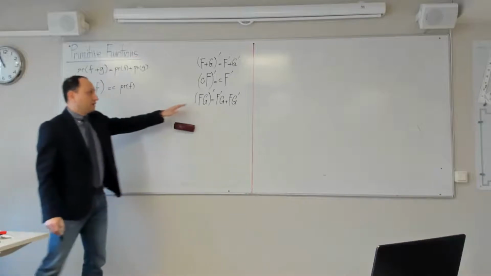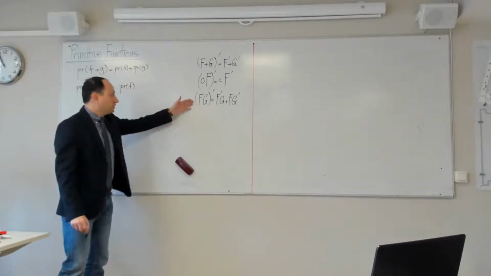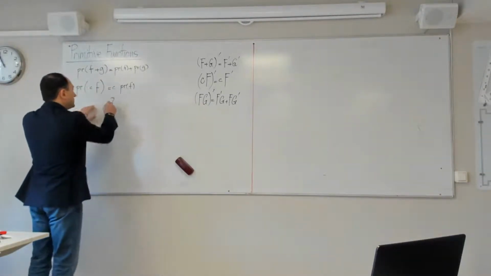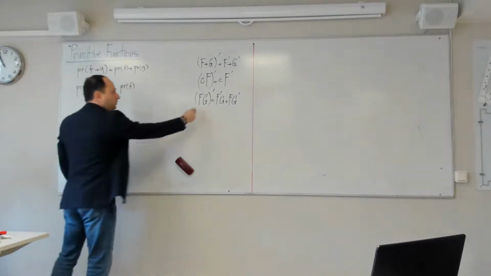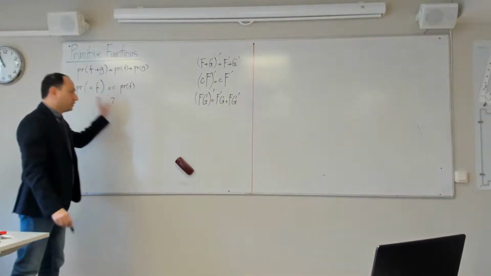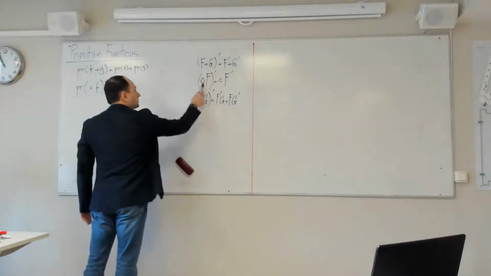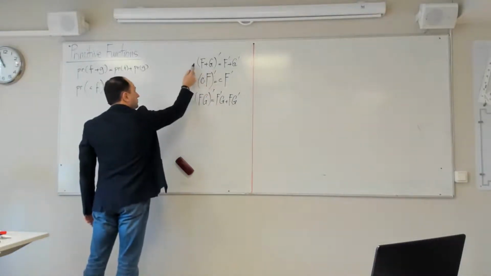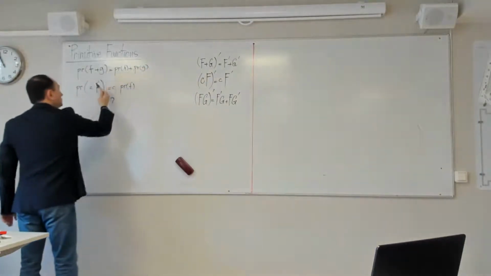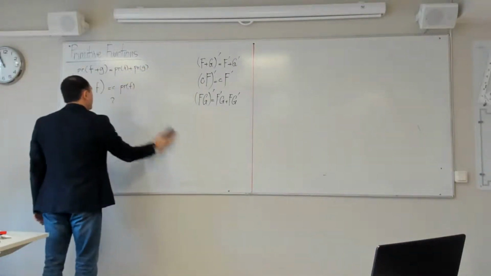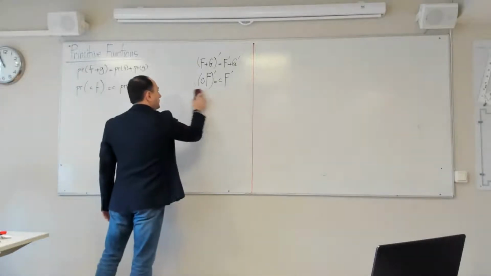That is called integration by parts. But for the time being, we don't know. This is a question mark for you. And even for the quotient rule, we don't know. Okay? So what I want to tell you is that these two rules for derivatives translate themselves to these new rules for primitive functions.